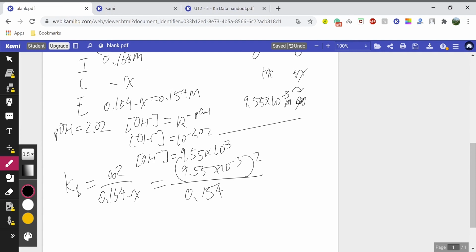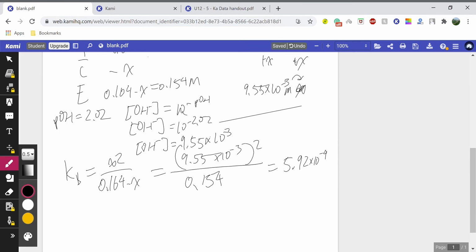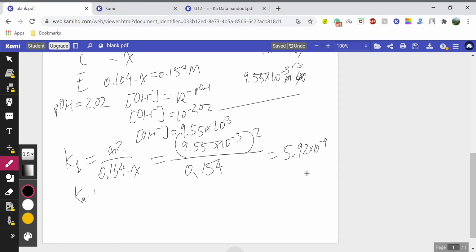If we plug that into our calculator, we'll get 5.92 times 10 to the negative fourth power. That is Kb. We can find Ka by using Ka times Kb is equal to Kw.